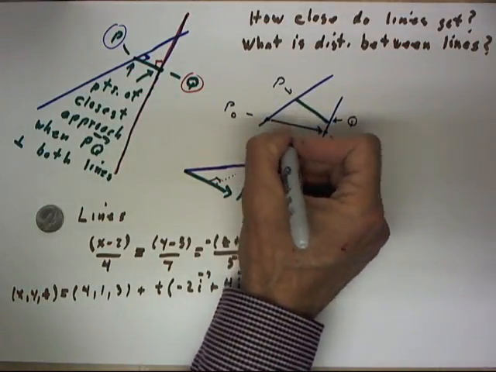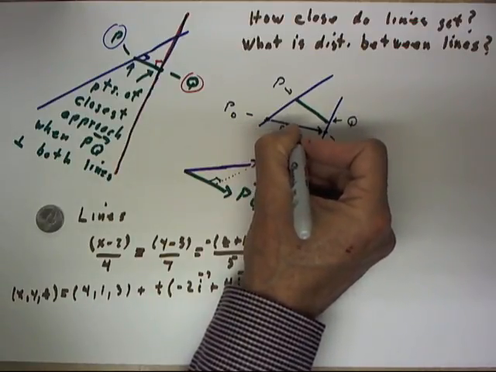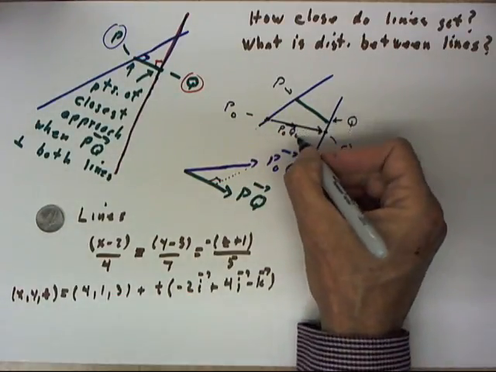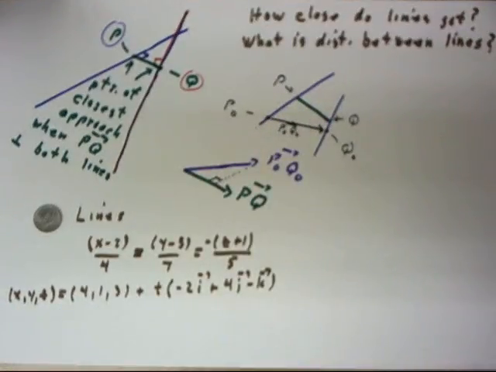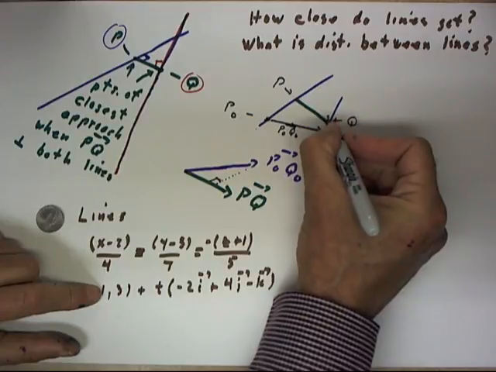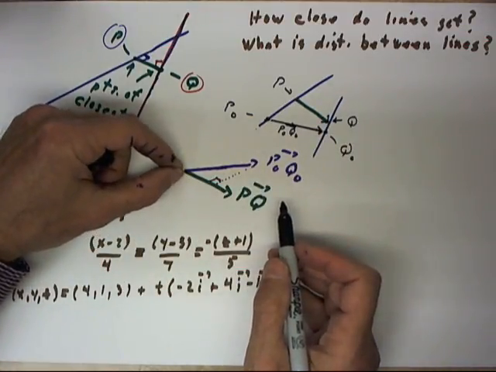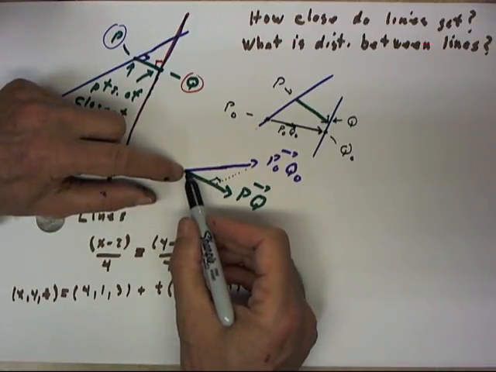So this vector here is the vector P0Q0. I'm going to draw a little arrow over the top of that label. And we can represent the situation now, especially if we put a head on the vector PQ. We can isolate these two vectors, give them a common initial point, and we can illustrate the situation.